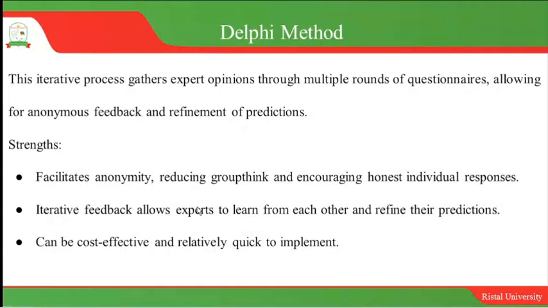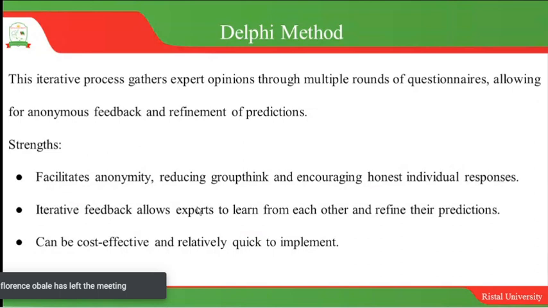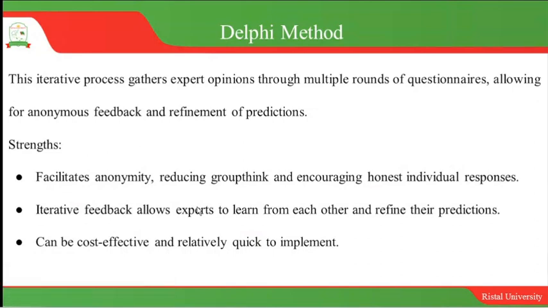The other one is interactive feedback that allows experts to learn from each other and refine their predictions. If we have this feedback in hundreds or in thousands, then experts can sit down and look at the information provided and refine certain predictions in terms of our forecast.